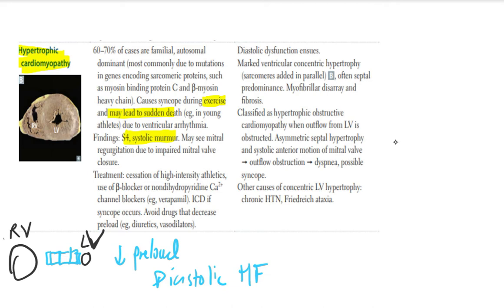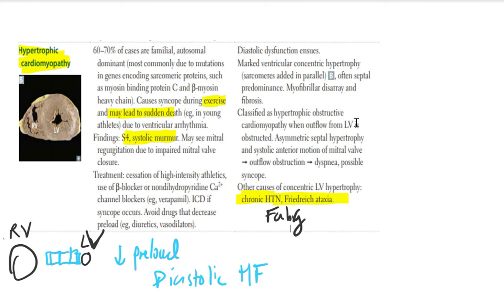Additionally, regurgitation of the mitral valve may occur. There are other conditions which are associated with hypertrophic cardiomyopathy, including chronic hypertension, Friedreich ataxia, as well as Fabry's disease, which is a type of lysosomal storage disease.